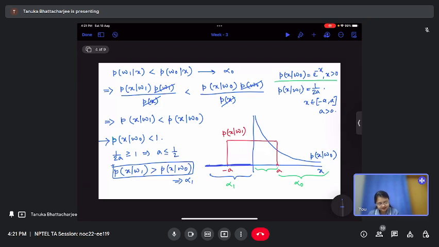So in that case the classifier will be simple.